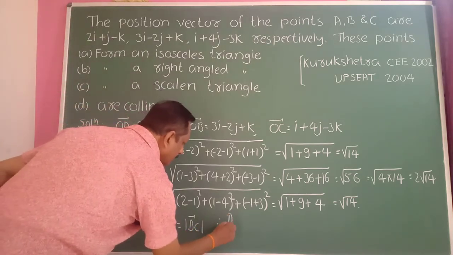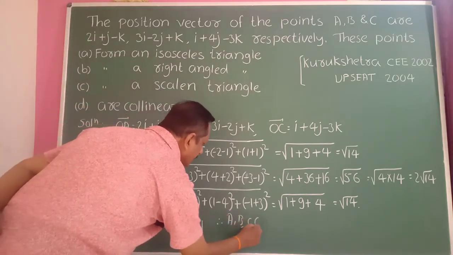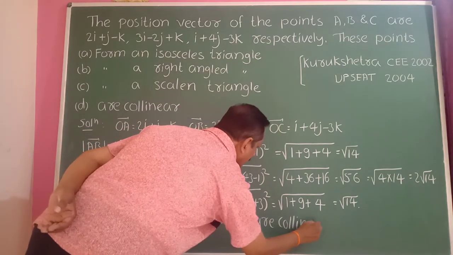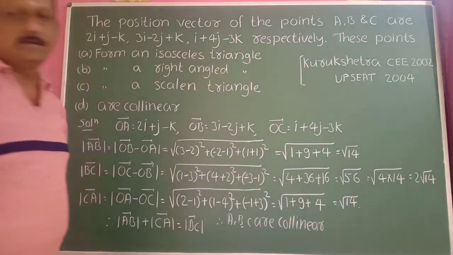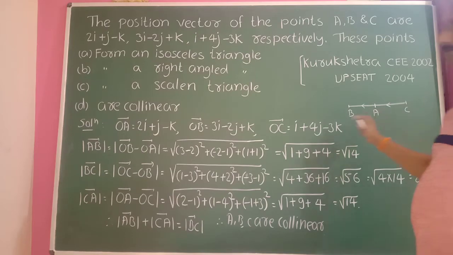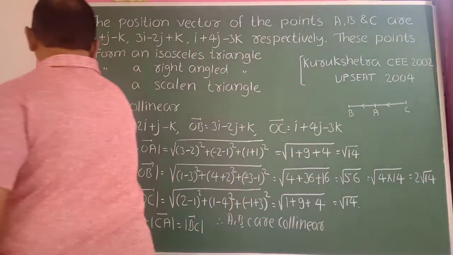Here the order is B, A, and C. So modulus of AB plus modulus of AC is equal to modulus of BC. Hence, points are collinear. So therefore, D is the correct option. D is the answer.